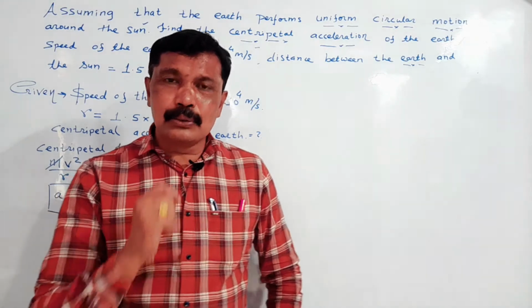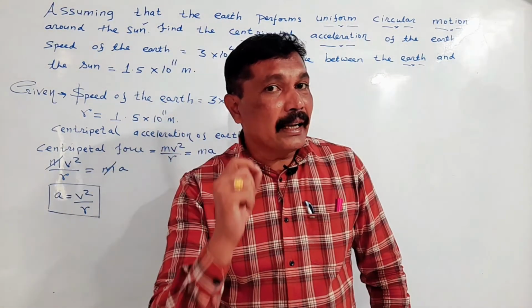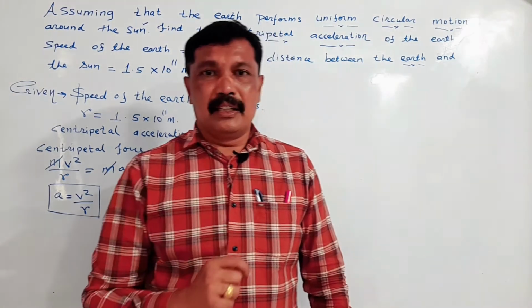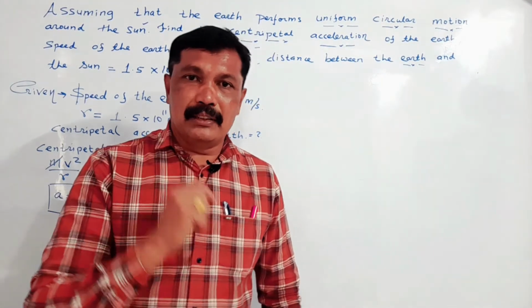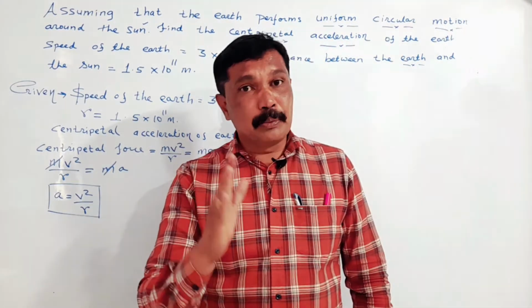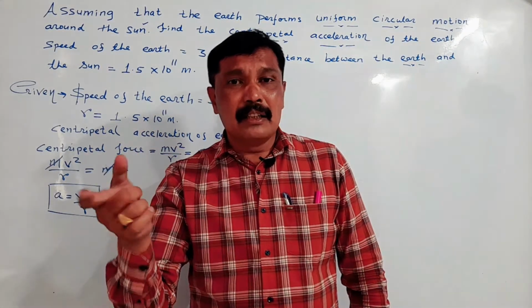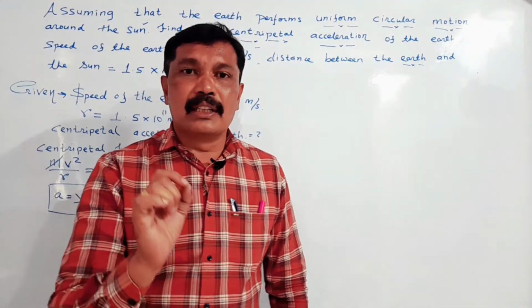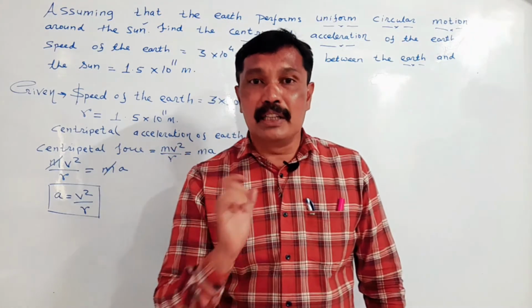But the direction of the object is changing at each and every point. And we have studied that whenever the speed is constant, but still the direction of the object is changing, then such type of motion is said to have velocity.